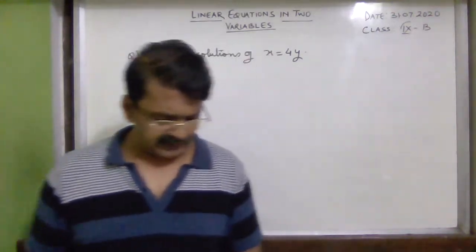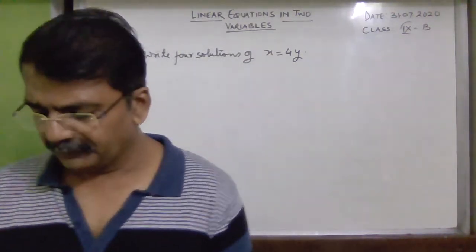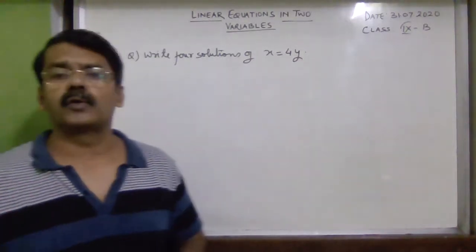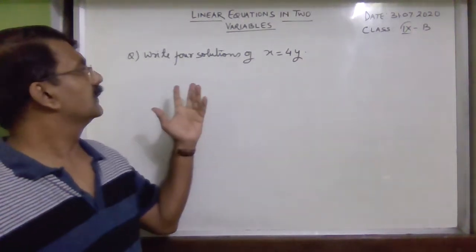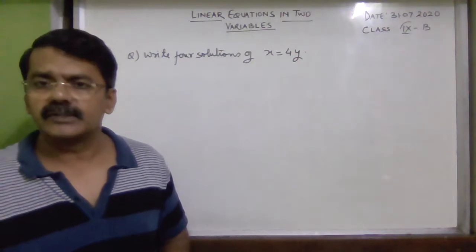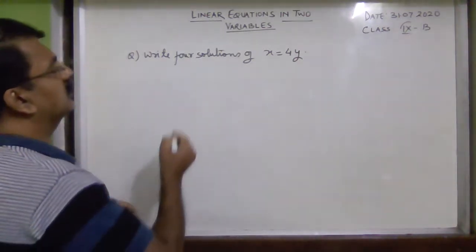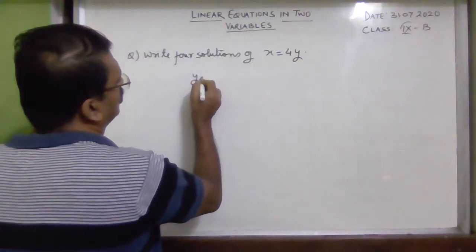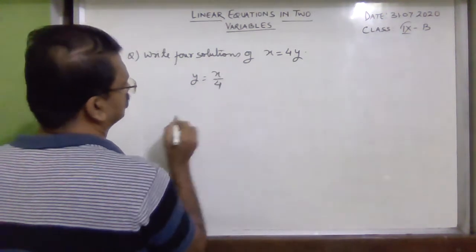Once again you can see x is equal to 4y is a linear equation in 2 variables. So you write y is equal to x upon 4.